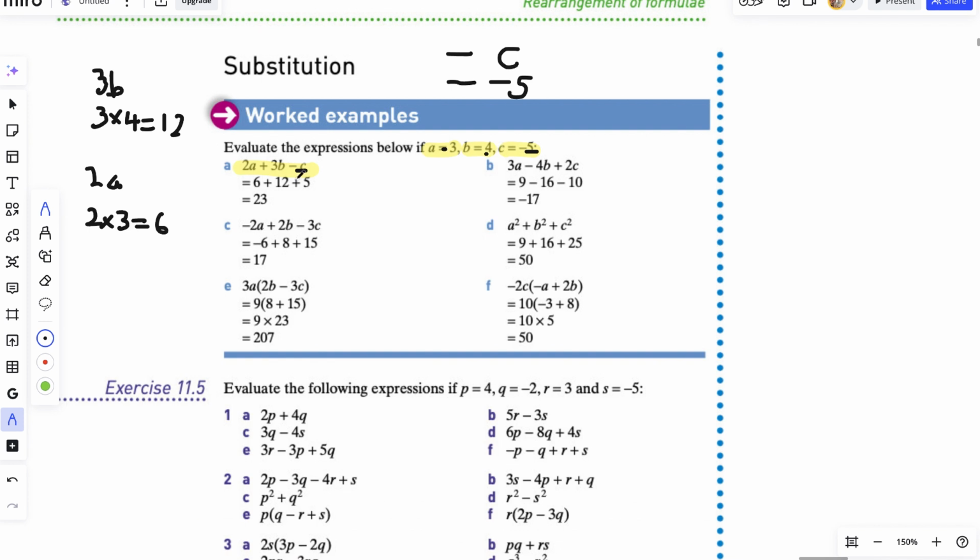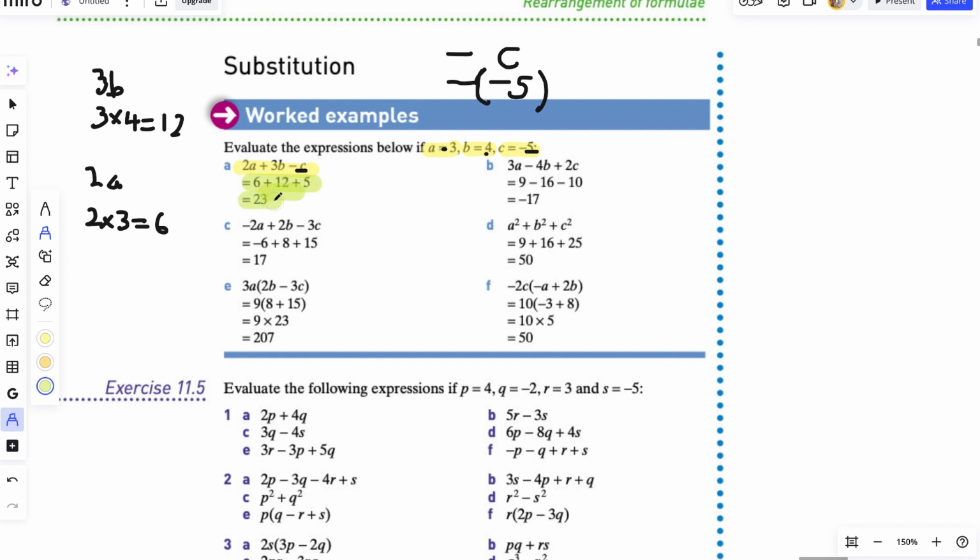So minus minus 5 becomes plus. You know, minus minus becomes plus. So we're going to say plus 5. Now, 6 plus 12, we get 18. 18 plus 5, we get 23. That's how our answer is 23.